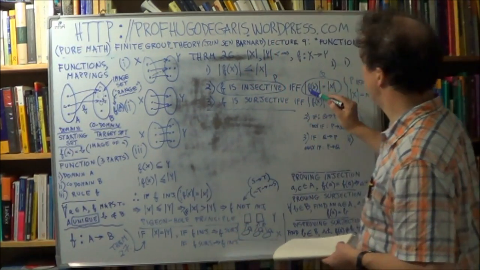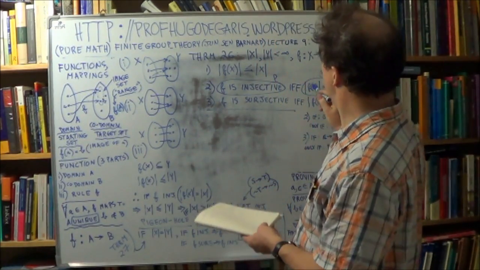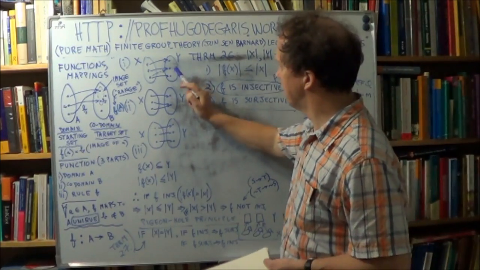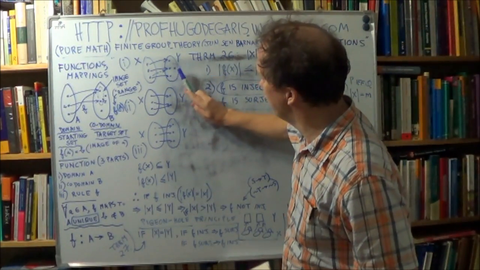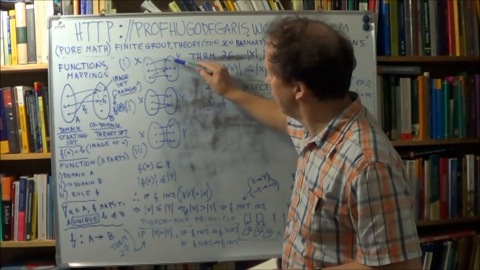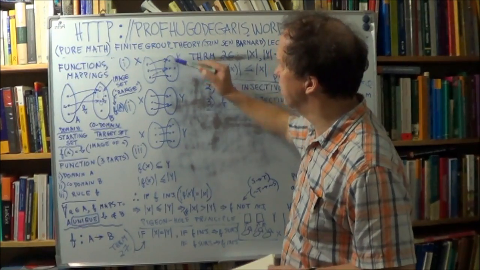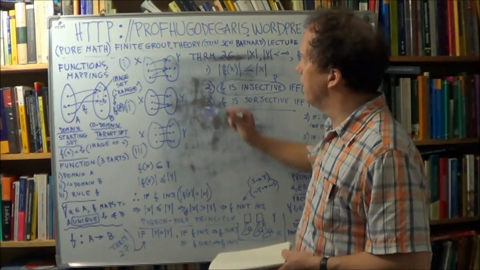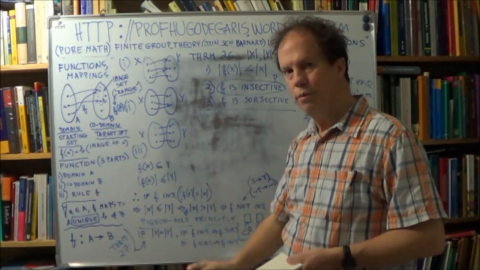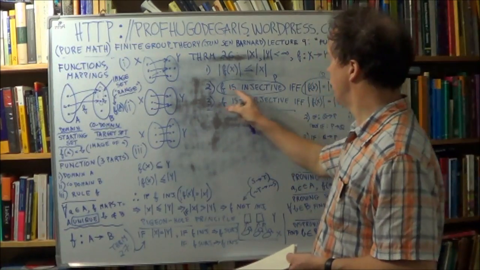Now this f of x here, that's the image set. So the size of the image set doesn't care about this loner here. That's not in the image set. We're only interested in these, like these three, for example. They are in the image set. Now the ones that are in the image set are mapped to once, because it's an injective mapping.